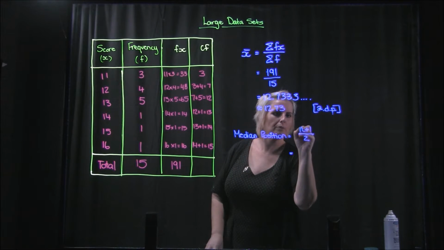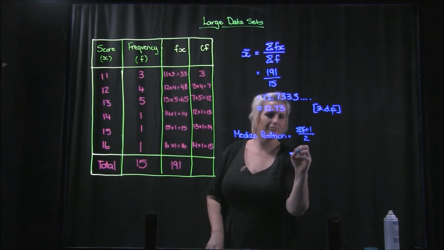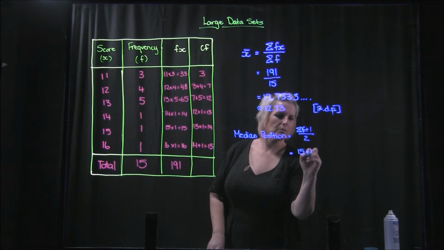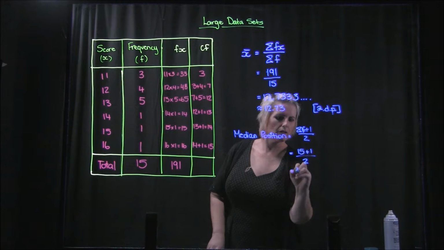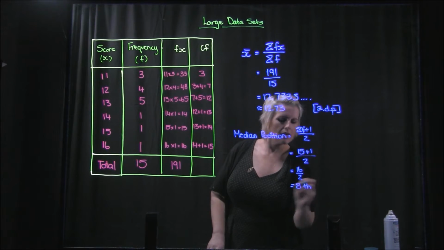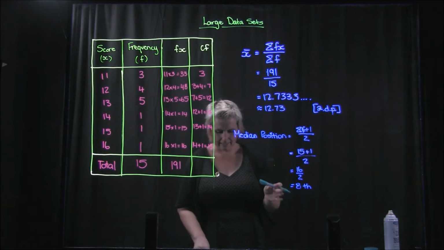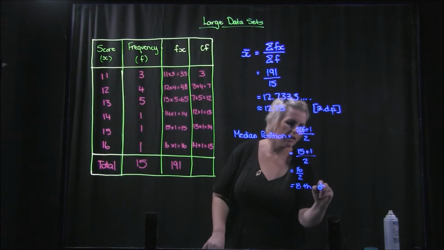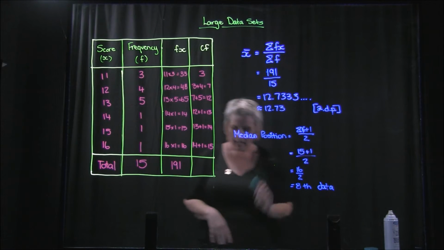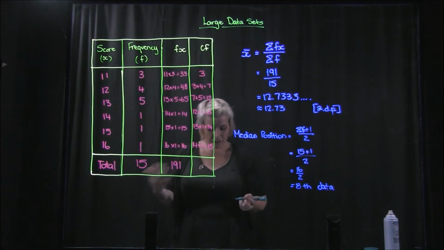So this could also be cumulative f plus 1. So that's 15 plus 1 over 2, 16 over 2, which is 8. So that means it is the 8th data score.